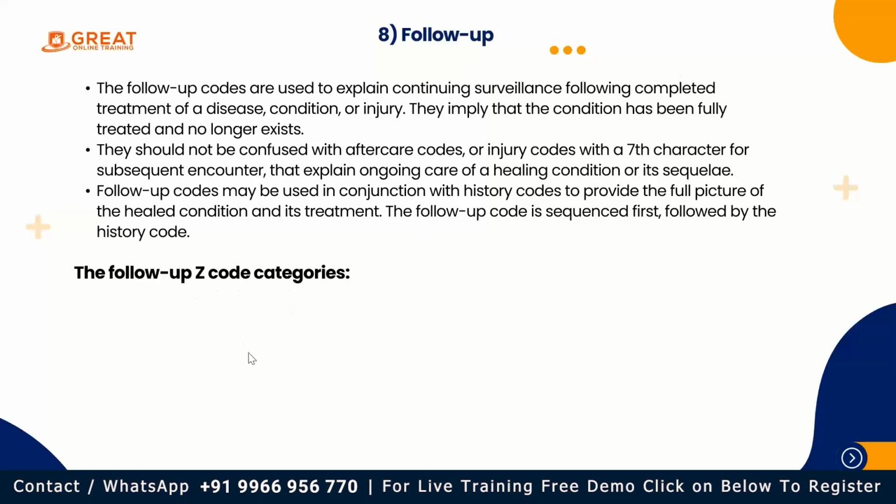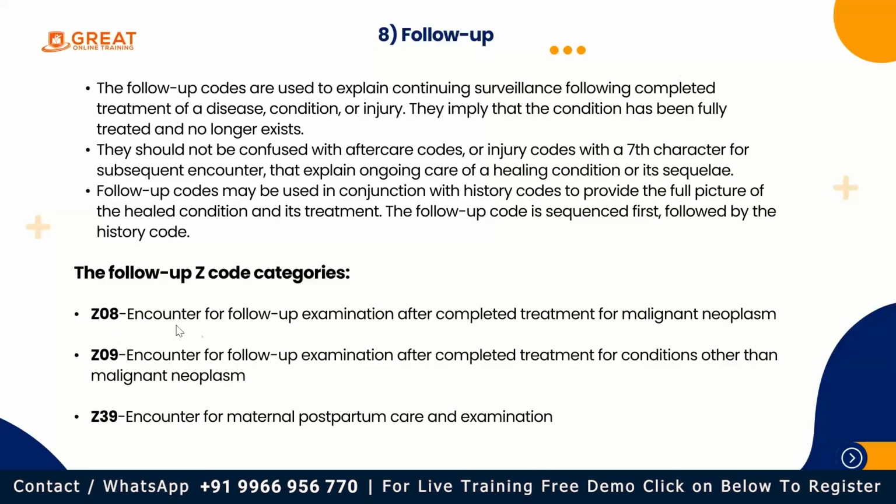These are some follow-up code categories. Z08 is for encounter for follow-up examination after completed treatment for malignant neoplasm. Z09 is encounter for follow-up examination after completed treatment for conditions other than malignant neoplasm. Z39 is for encounter for maternal postpartum care and examination. So these are some categories of follow-up codes.